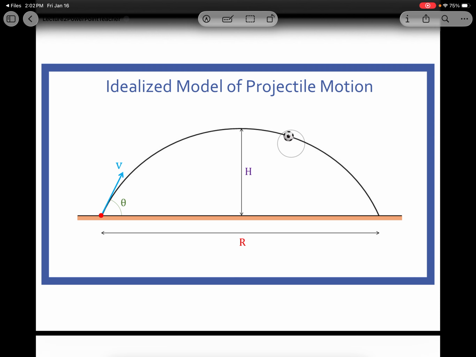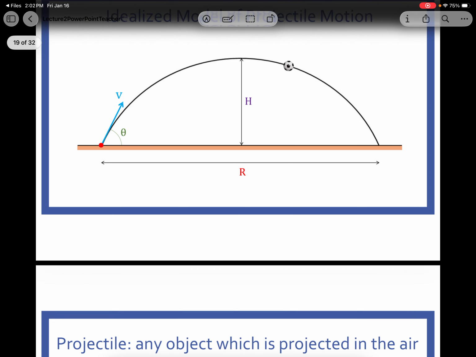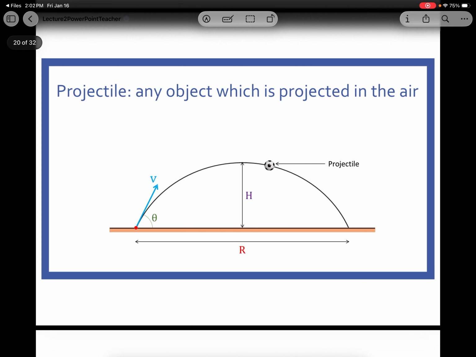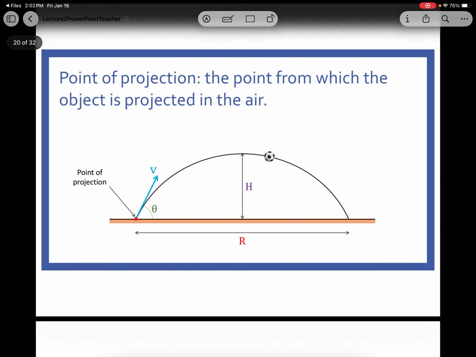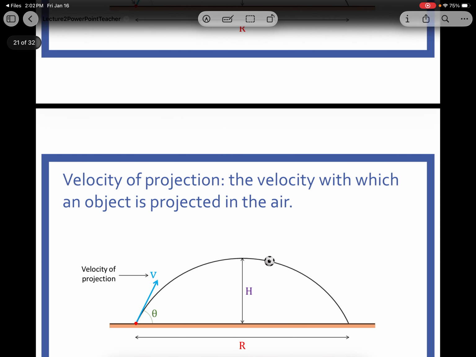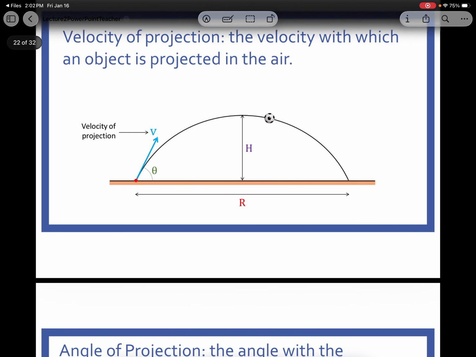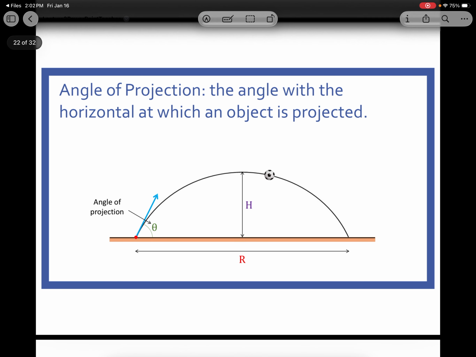And again, kicking a soccer ball, the soccer ball is the projectile. The red dot here is the point of projection. We give it an initial velocity at an initial angle.